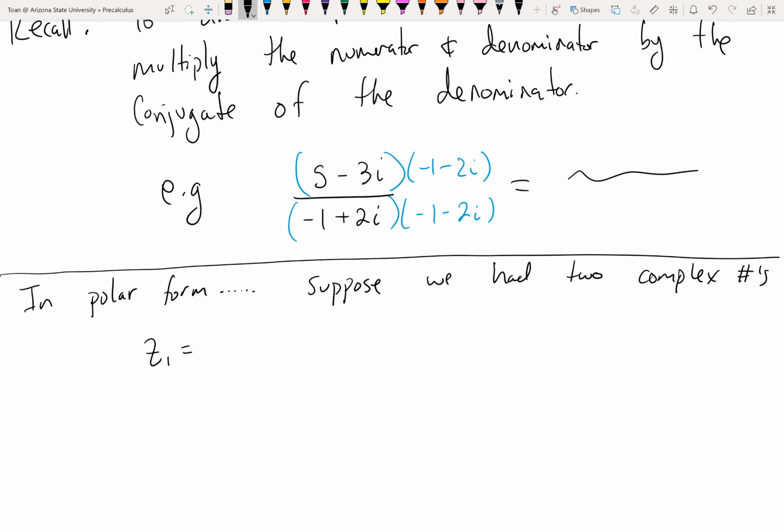Say z sub 1 is r sub 1, it has its own modulus, times cosine theta sub 1, it has its own argument, plus i sine theta sub 1. And let's say we had another complex number, z sub 2. It has its own modulus and argument, so I'll use different subscripts.